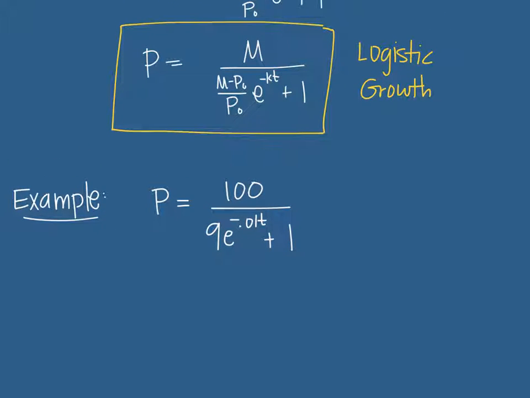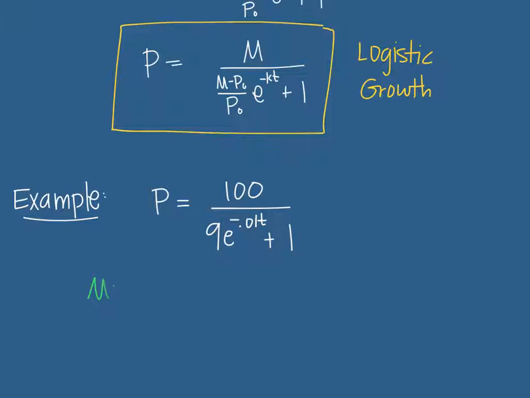All right, so an example of how you would need to use that result would be the simple case right here of just matching up term to term and being able to tell me something about this population. Okay? So you should be able to identify the value of the maximum of the population. You should be able to identify the growth constant of the population. You should be able to identify the original value of the population, okay, the p sub 0. And so it's really just a term-by-term matching.